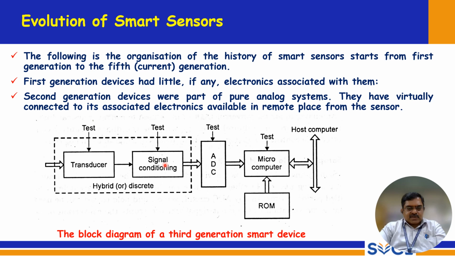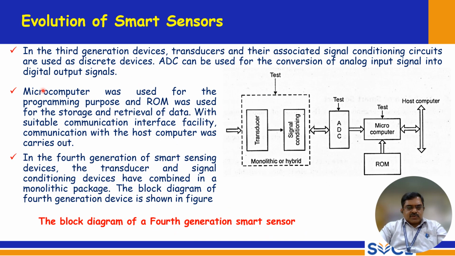The transducer, signal conditioning, ADC, microcomputer, ROM, and host computer: it is the block diagram of the third generation. In the third generation devices, transducers and their associated signal conditioning circuits are used as discrete devices. The ADC can be used for the conversion of the analog input signal into a digital output signal. A microprocessor was used for the programming purpose, and ROM was used for the storage and retrieval of data with suitable communication interface facilities.